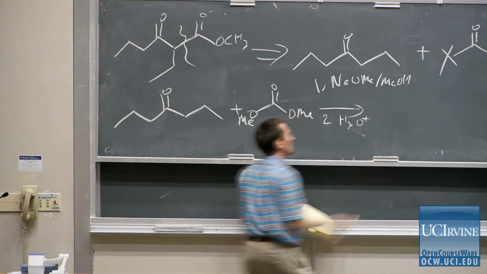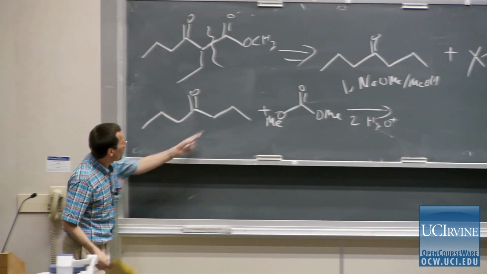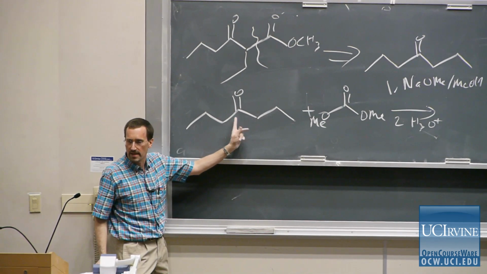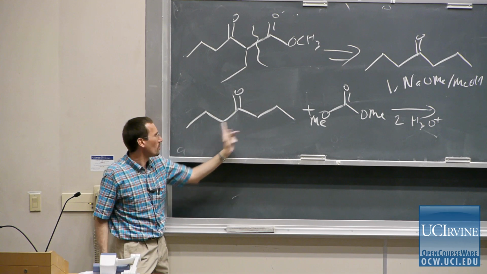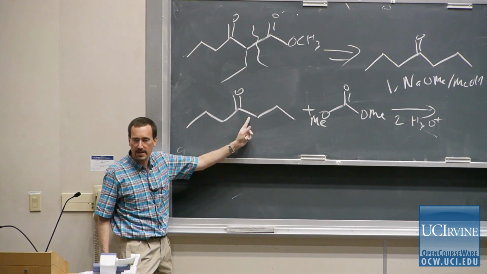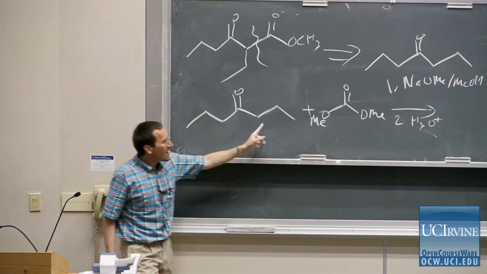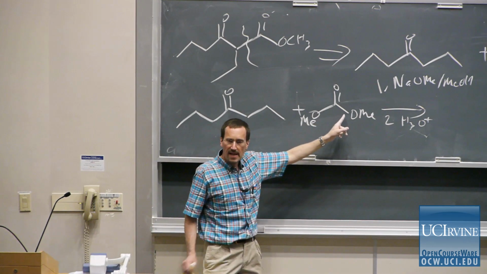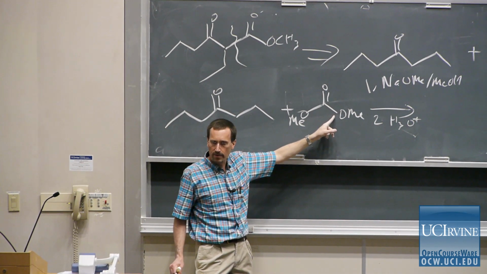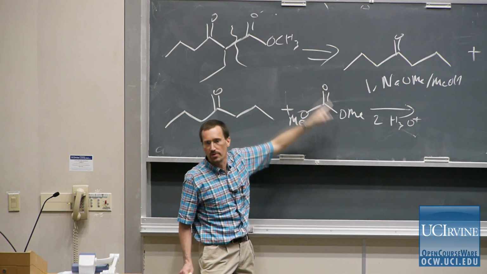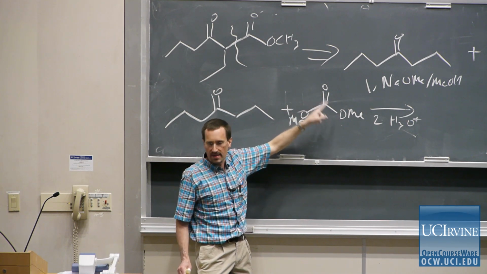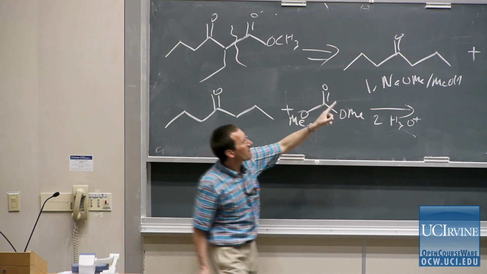Okay, does that make sense? Let's see. Well, there's only one component that can form an enolate. There's only one type of enolate that can form, whether I enolize to the left or the right, it's the same thing. That enolate can attack this carbonyl compound and ultimately then the same chemistry, form a tetrahedral intermediate, kick out a methoxide. Now we have a 1,3-dicarbonyl.